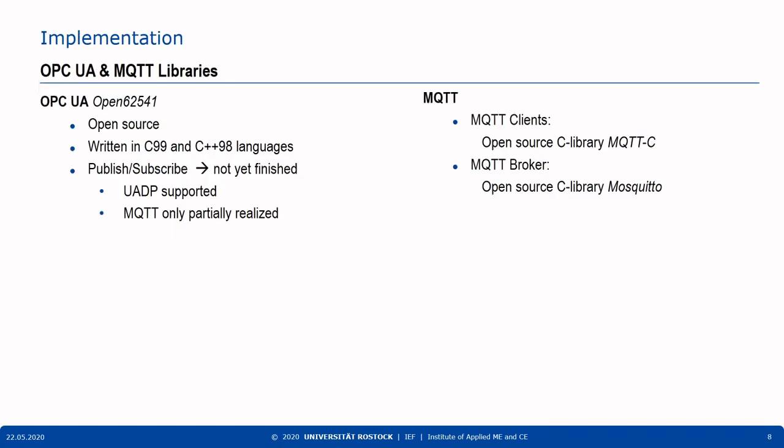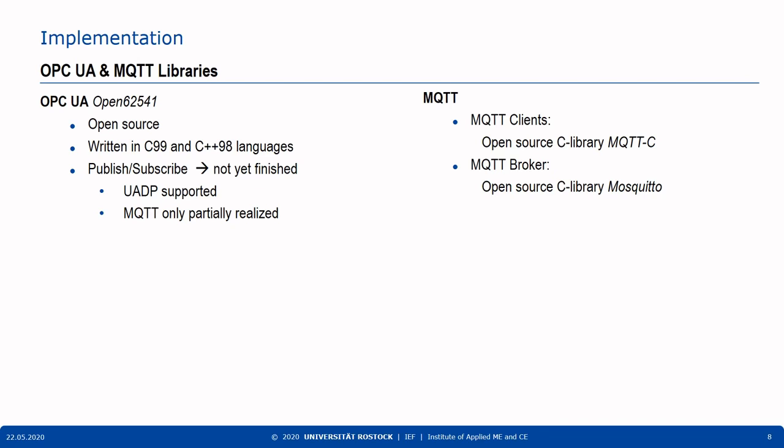So let's come to the implementation. Which libraries do we use? We used, as already mentioned before, for OPC UA, the GitHub project Open62541, which is one of the best supported and maintained projects out there. And this is open source.